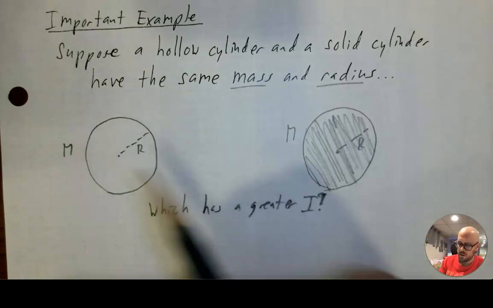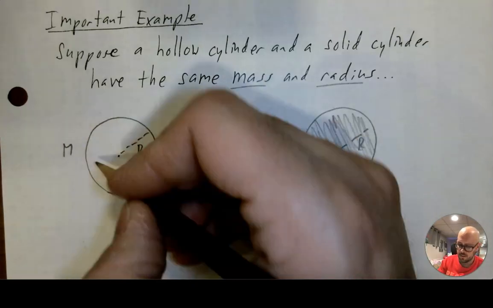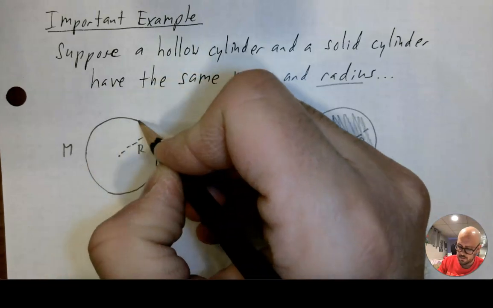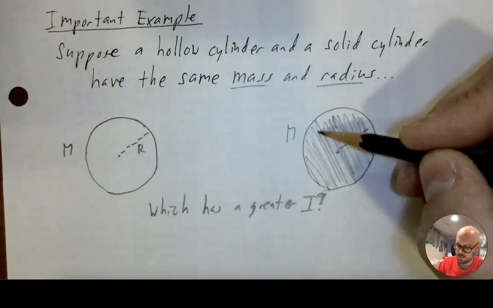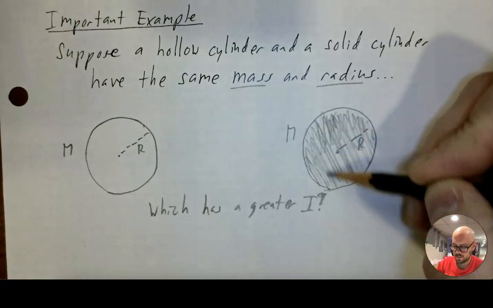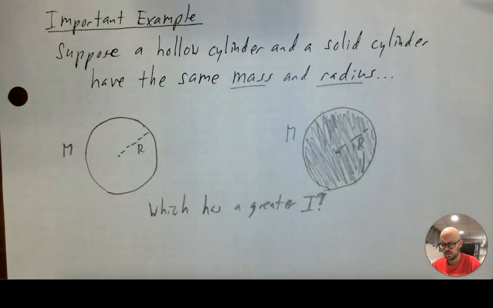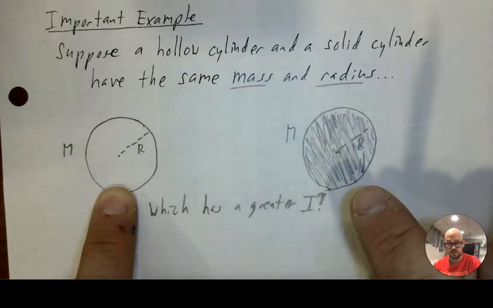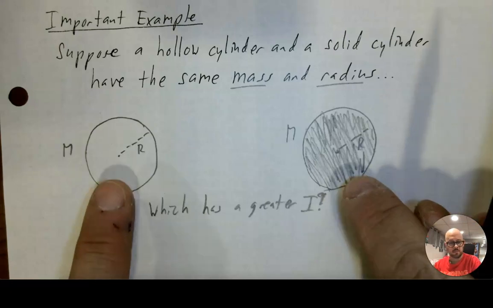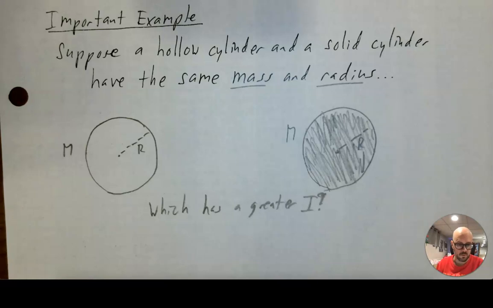But if the hollow cylinder is made of a much more dense material, then just this ring of it could have the same mass as this entire disk that is filled in. And I actually have a set of this in the classroom, so we'll do some demos with this, where you have a ring and a disk of the same radius and mass, and you can compare their rotational inertias.